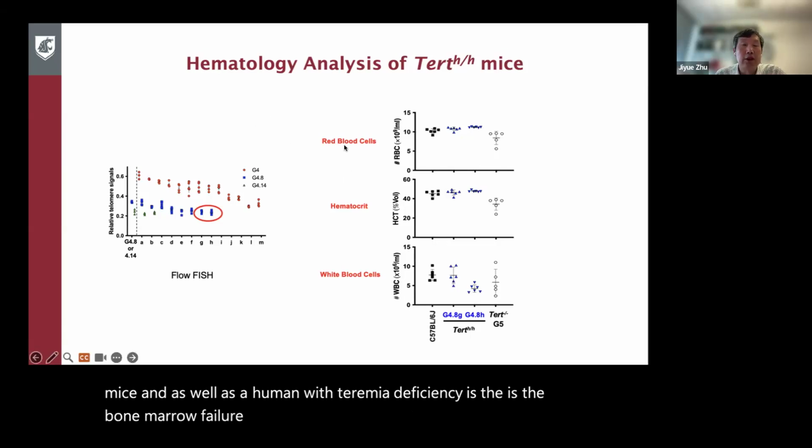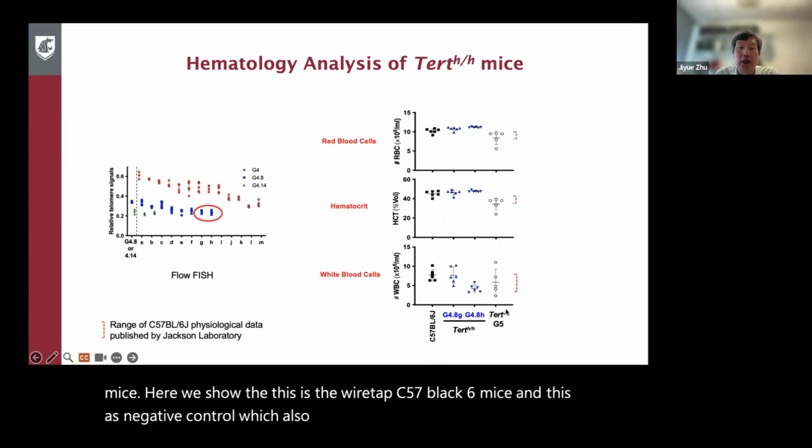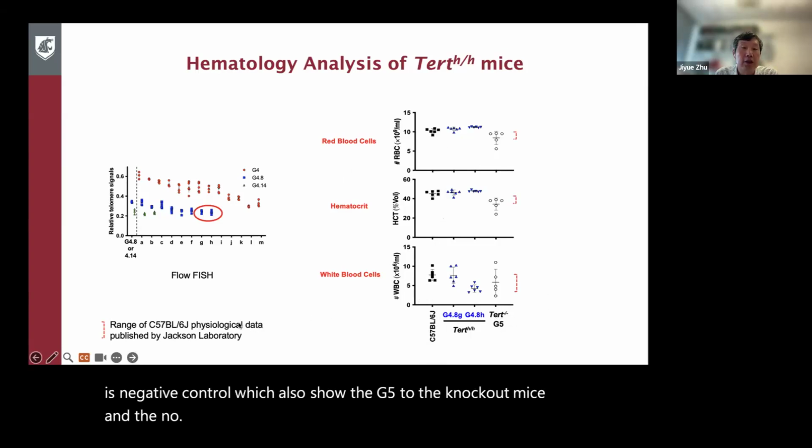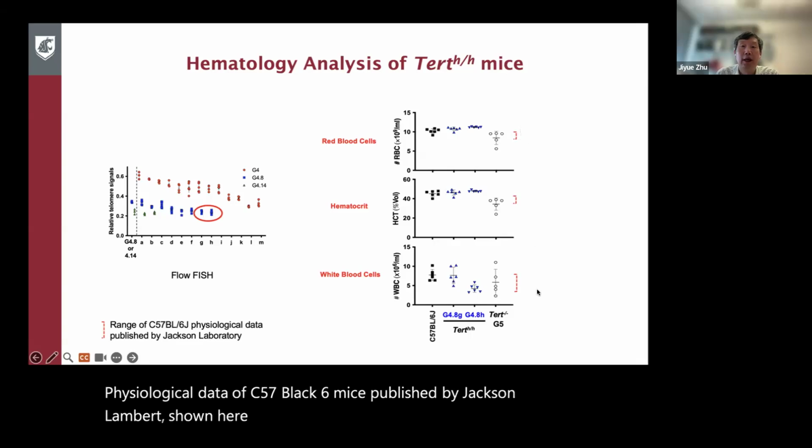So we look at the peripheral blood of these mice. Here we show the wild-type C57 black 6 mice as negative control, and also the G5 knockout mice, and the normal physiological data of C57 black 6 mice published by Jackson Lab are shown here on the right.